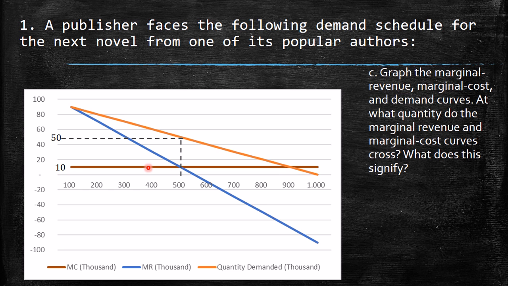If we go to the left part of this point, it means that the revenue you have for the next unit is higher than the cost you will have of publishing one additional unit. So you can move forward. Even here, your revenue is higher. But what about if you go to the right part?